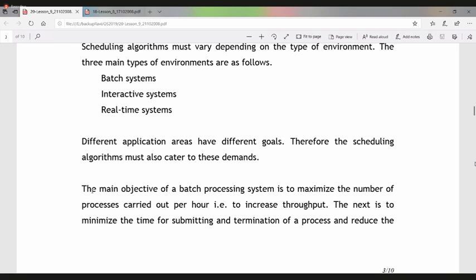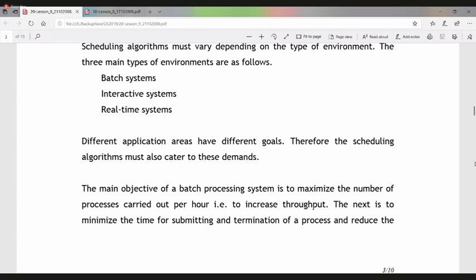The main objective of a batch processing system is to maximize the number of processes carried out per hour. Because we are sending, let's say, 100 jobs per batch. So we need to maximize the number of processes carried out per hour. That is called throughput.